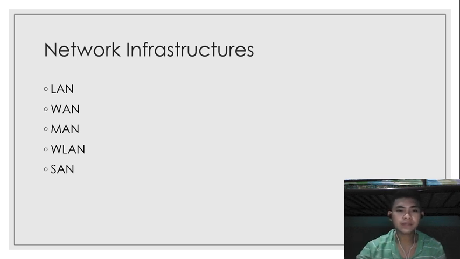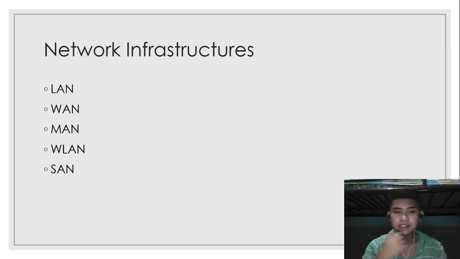And next is the metropolitan area network, a network infrastructure that spans a physical area larger than a local area network but smaller than a wide area network, such as cities, and it is typically operated by a single entity, such as a large organization.